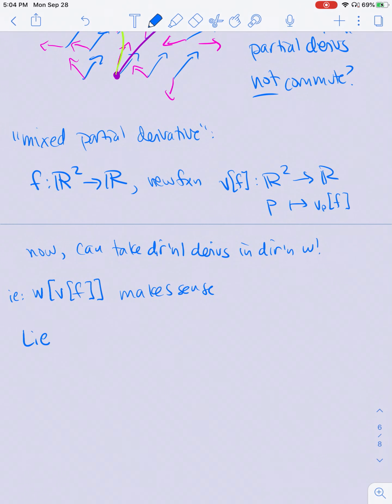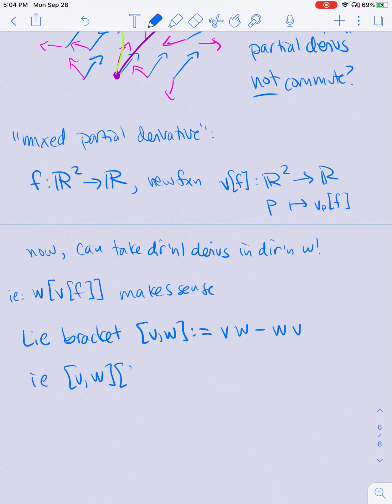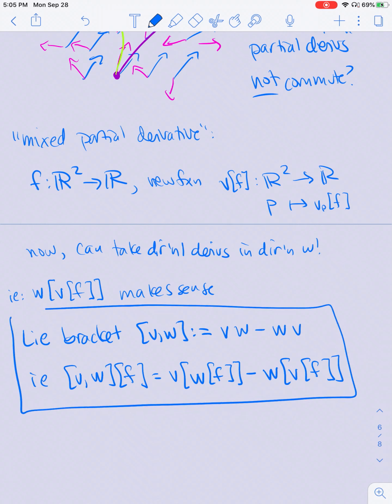And vice versa, V applied to W makes sense. So the Lie bracket of V and W is defined to be apply V to W and then subtract applying W to V, i.e., when I apply the Lie bracket to some function, this is the function where at each point I take the directional derivative in the direction V of the function that's the directional derivative of F in the direction W, and then subtract off the same thing where I switch V and W. Okay, so this is the definition of the Lie bracket.